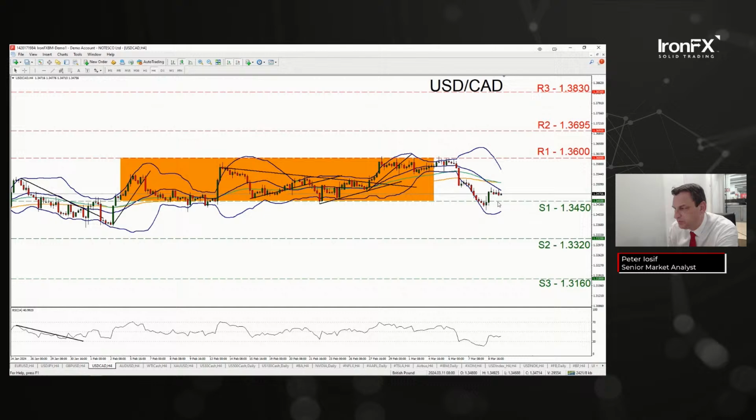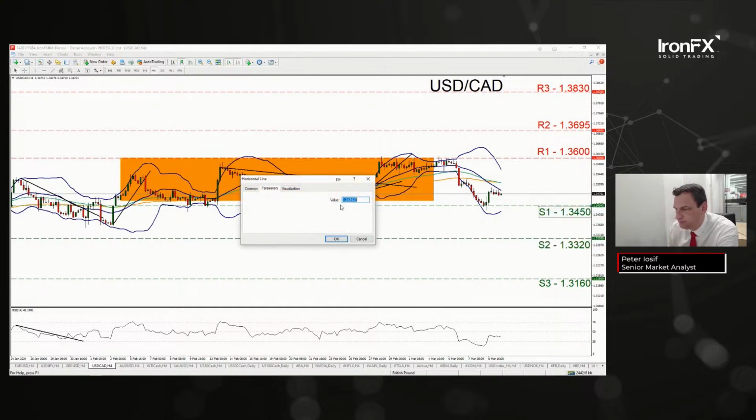And at this point, it would be interesting that the latest movement would be forcing us to lower the first support line to 1.3435.